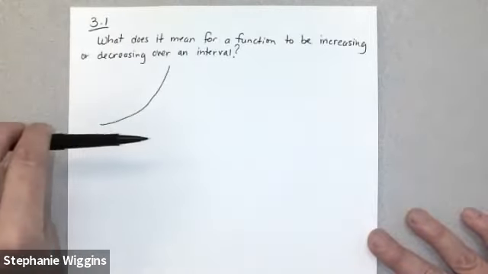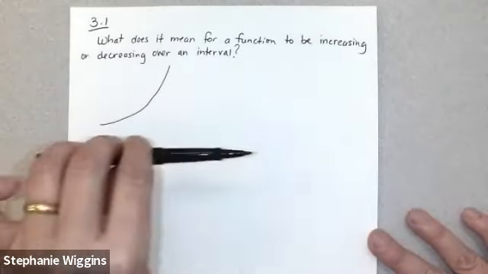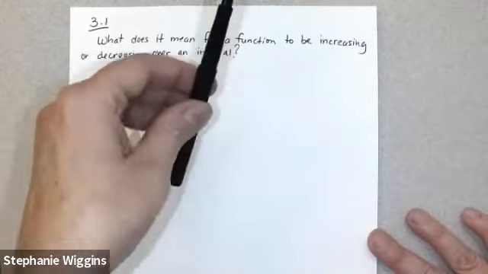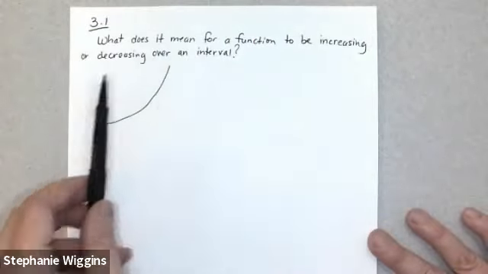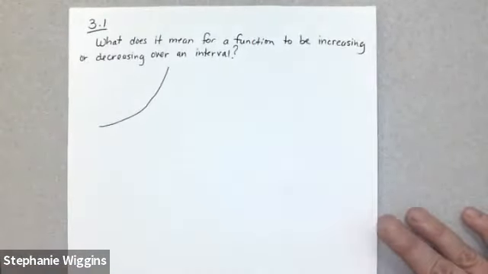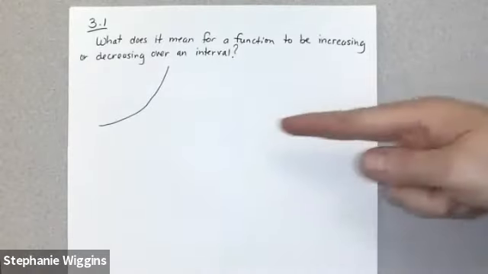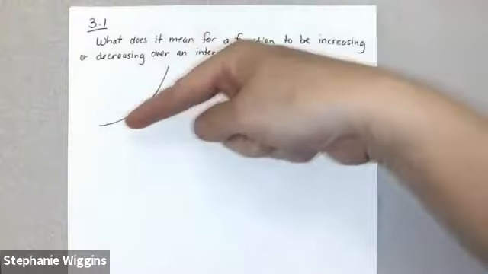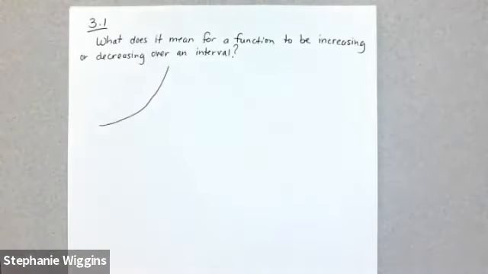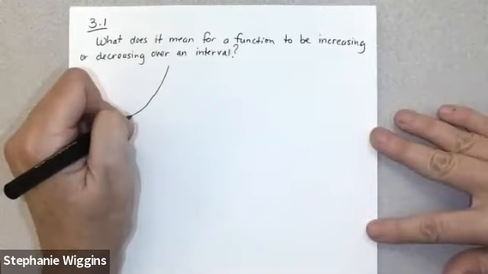We're going up as we move from left to right. And your reference is very important, okay? Because if I moved in this way, it would look like I was going down, right? But in mathematics, at least for functions, we're always reading from left to right, okay? So that's important, that reference.